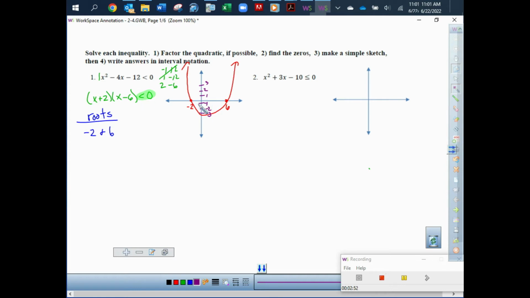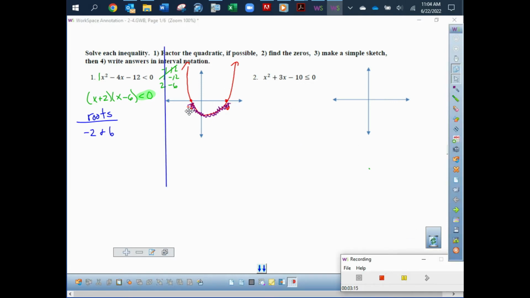They want to know where this graph is less than 0, and that's when you're below the x-axis. So if I squiggle this parabola where it is below the x-axis, this purple zone right here is where it is below the x-axis.